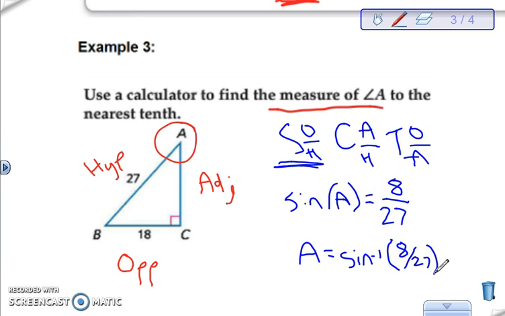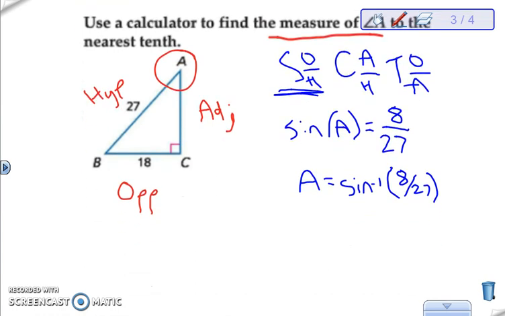And if my calculator is in degree mode, when I type this in, it should give me the correct answer. So doing that, it said measure to the nearest tenth, so I can round off. I should get that A equals 17.2 degrees.